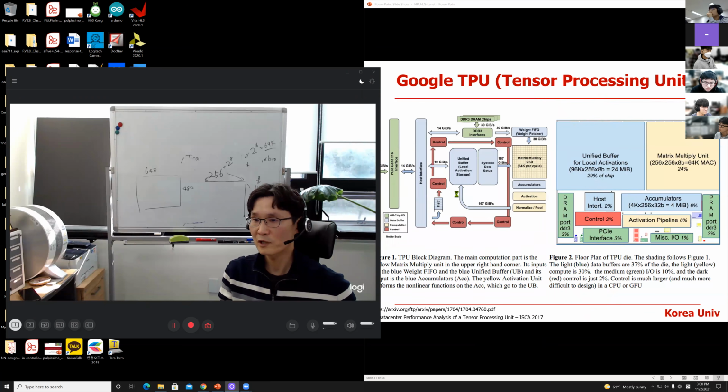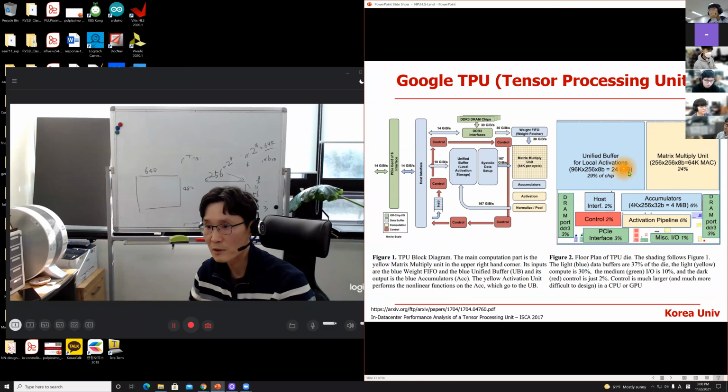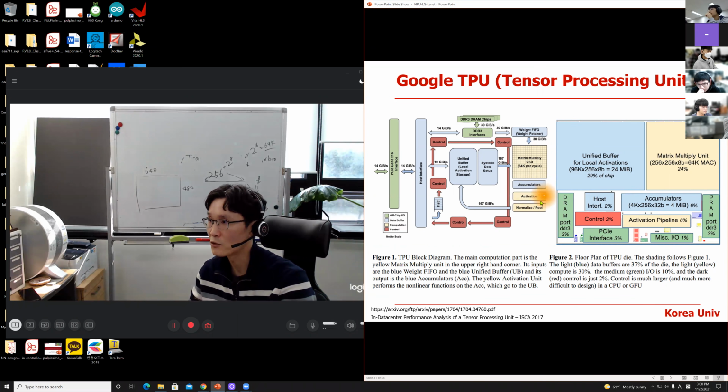You have a 24 megabyte on-chip buffer. Not only that buffer, there is also an accumulator, 4 megabytes here. So there is the multiplication unit and the activation hardware unit, ReLU, and also a pooling unit.